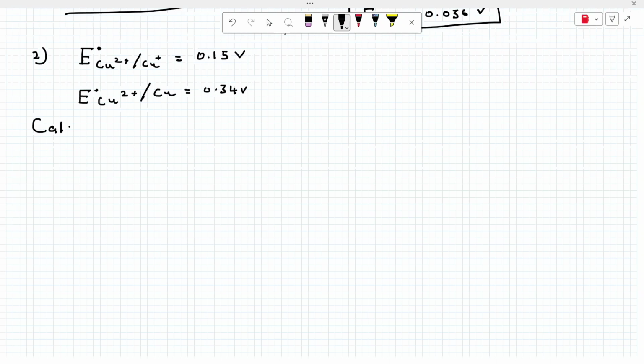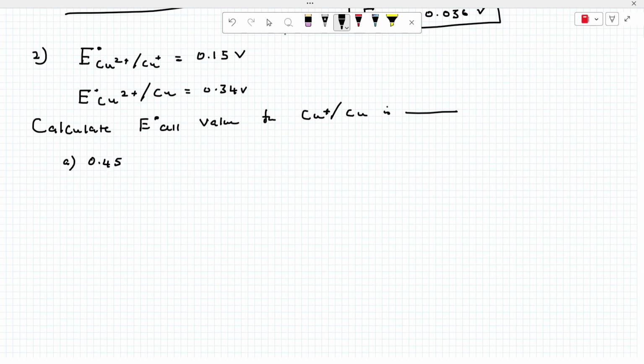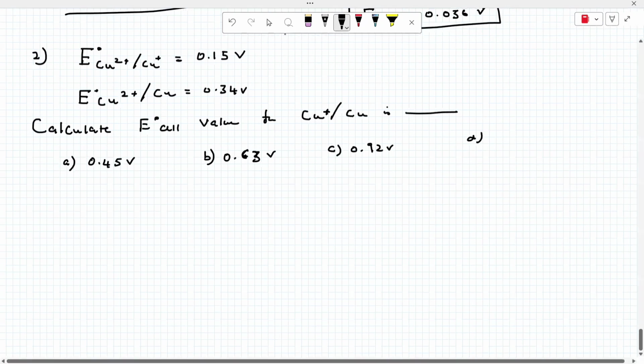Calculate the E° cell value for Cu+ becoming Cu. Option A: 0.45 volt. Option B: 0.63 volt. Option C: 0.92 volt. Option D: 0.53 volt. Tell me this one.